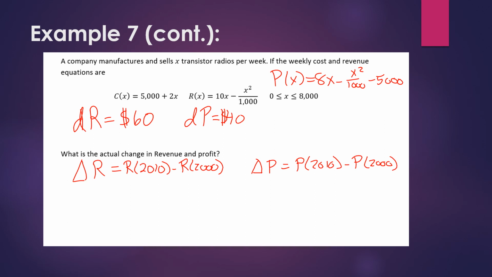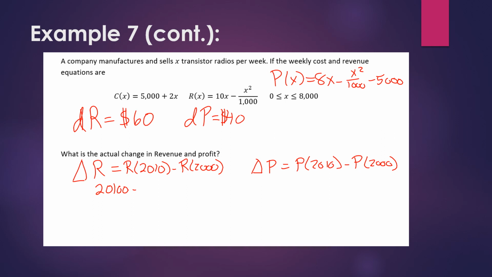And from here, it's really just plugging in. So let's get our calculator out. And for the revenue, I'm going to do 10 times 2010 minus 2010 squared over 1000. So 10 times 2010 is giving me 20,100 minus 2010 squared, and then we need to divide by 1,000.